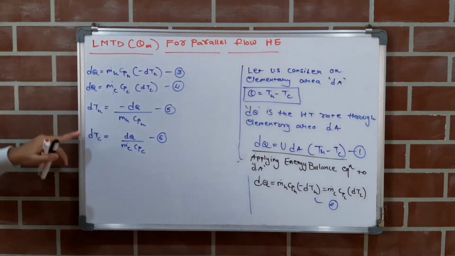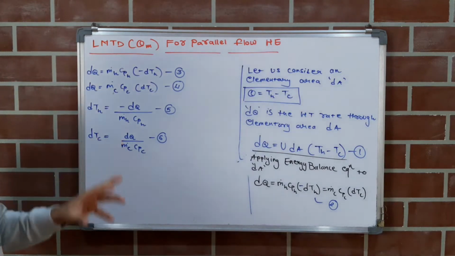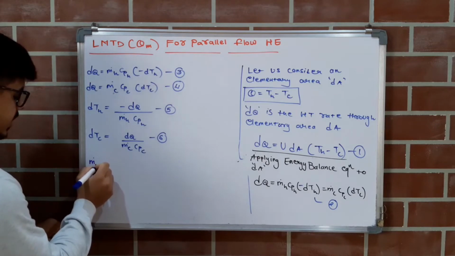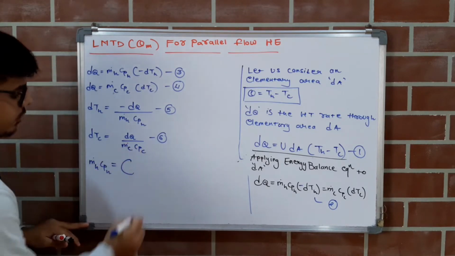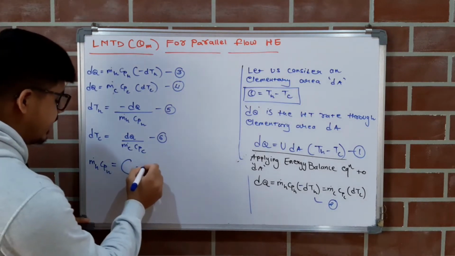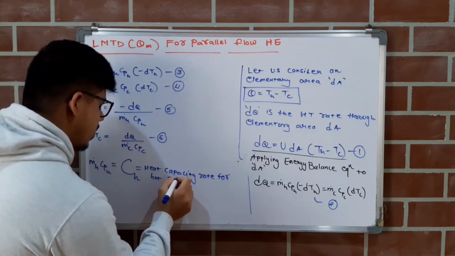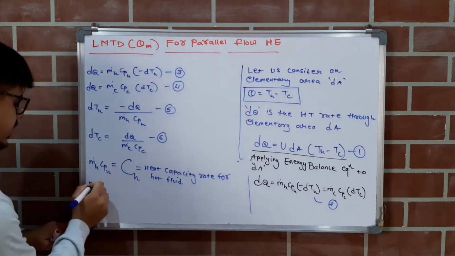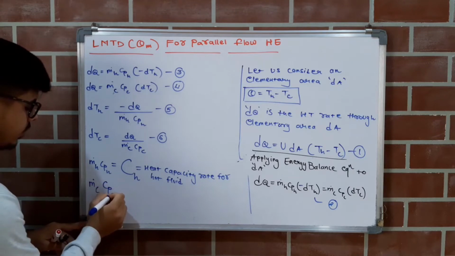So we got the values of dTh and dTc, and for simplicity, for our convenience, I will reduce this term. This m dot h into Cph is equal to what? The heat capacity rate for the hot fluid. Now what is m dot c into Cpc? It is also the heat capacity rate, for the cold fluid. So what is the formula?